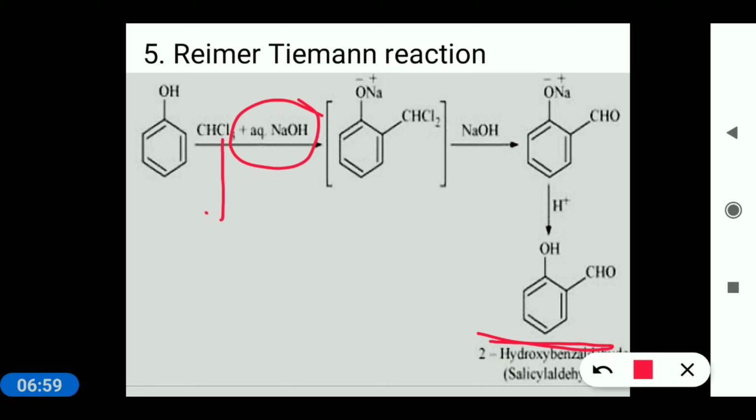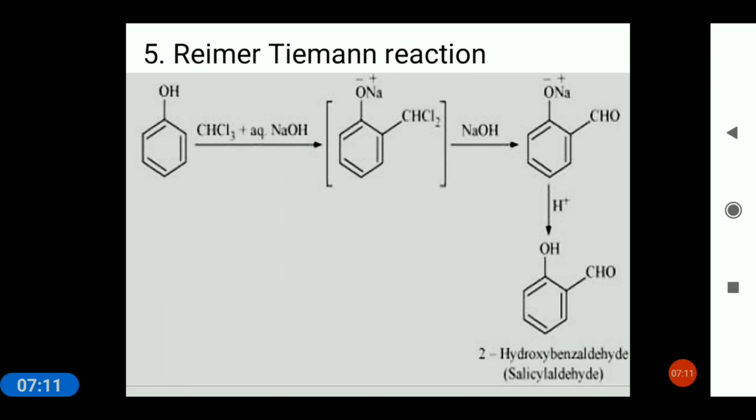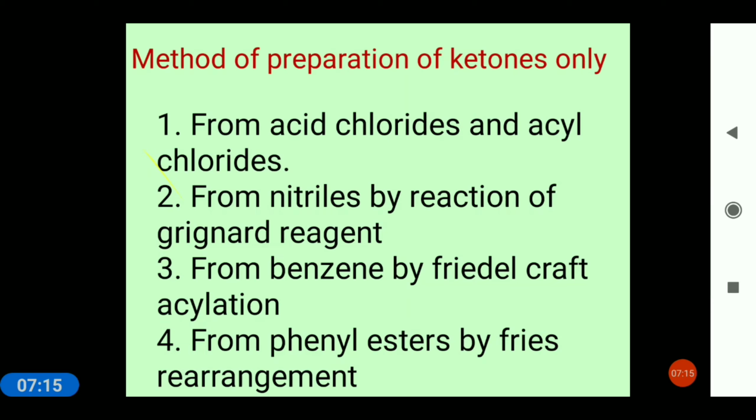Instead of CHCl3, if you take CCl4, then you will get salicylic acid instead of salicylaldehyde. So you know this Reimer-Tiemann reaction, which is one of the very important reactions.